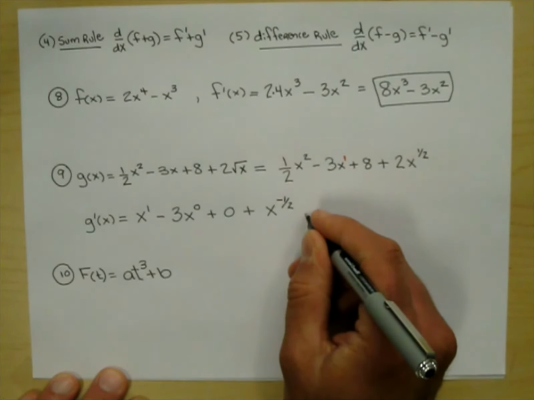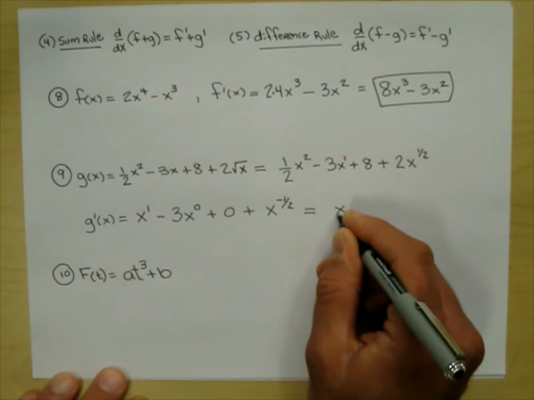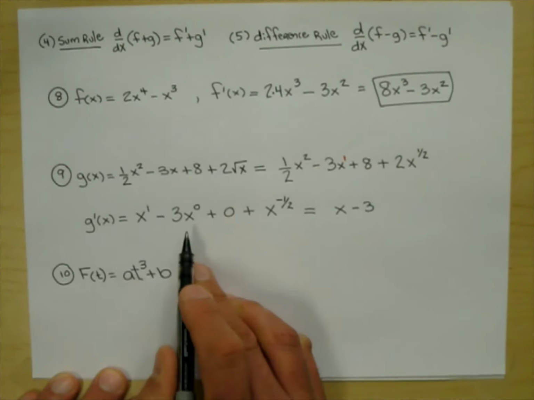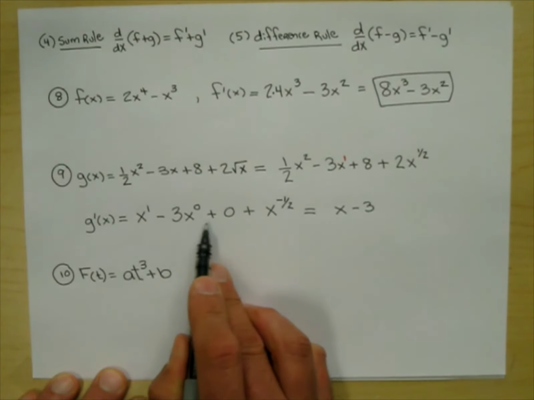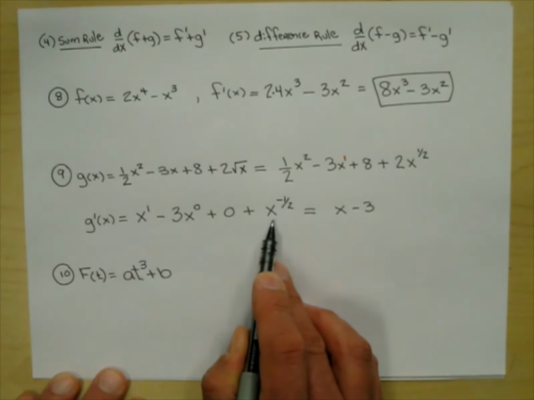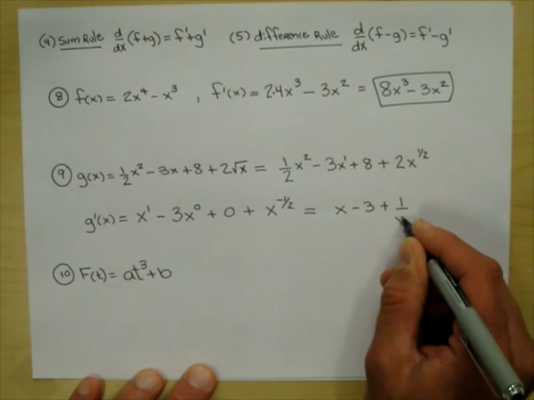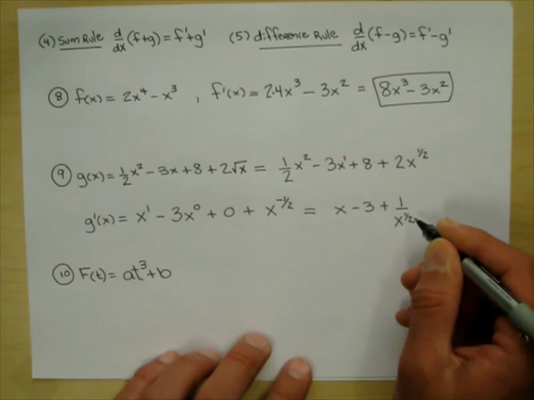Okay, so let's write out our derivative. This is x minus 3. Remember the x to the 0 is 1, so I'm not going to write that. And then I'm going to cross the line, change the sign, and write it as 1 over x to the 1/2. So there's the derivative.